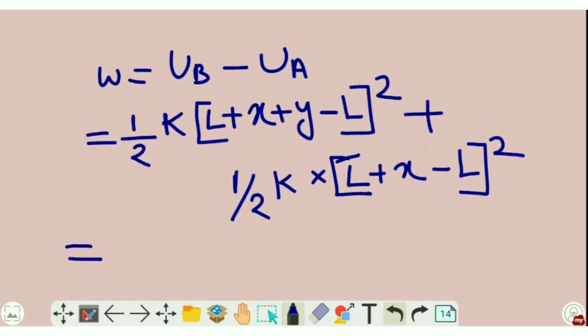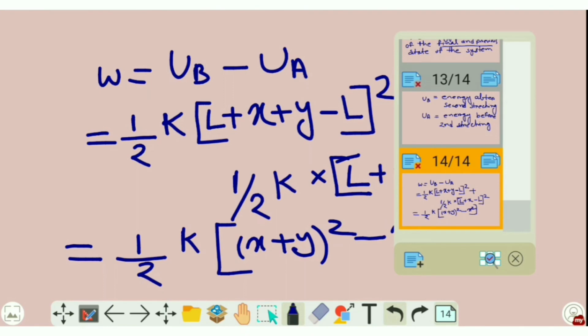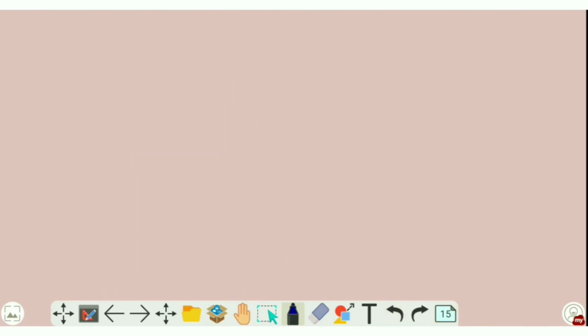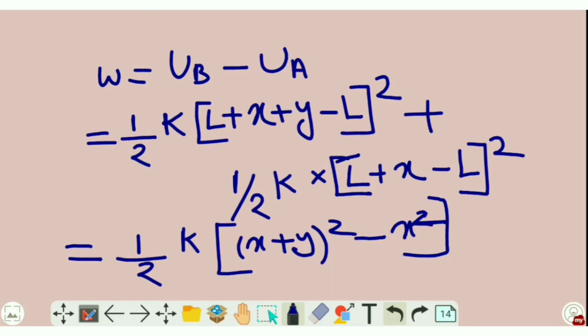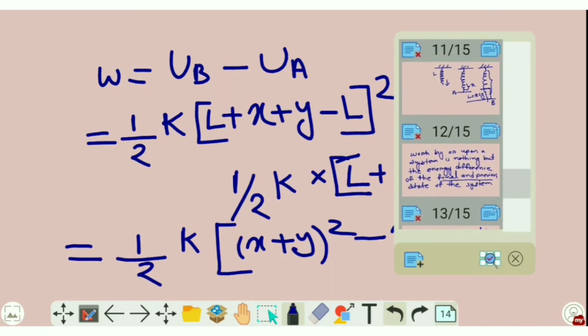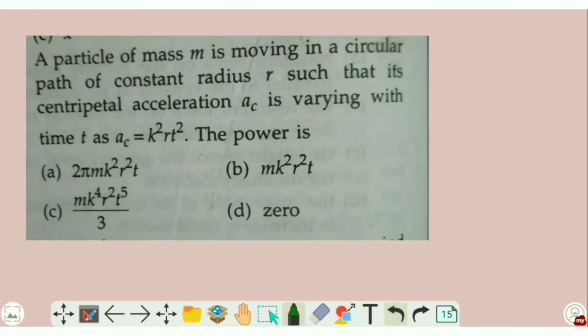So what it becomes? Half K, x plus y whole square minus x square. So work is equal to half K into 2xy plus y square. So option D is correct.